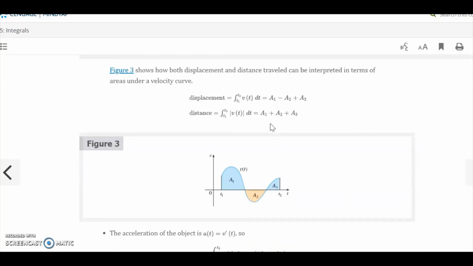Alright, looking down below, this gives us a visual representation. We have A1, A2, A3. Remember, A2 is going to be negative. So if we're looking at the displacement, we're subtracting A2. But if we're looking at the distance, we're adding everything as a positive value.